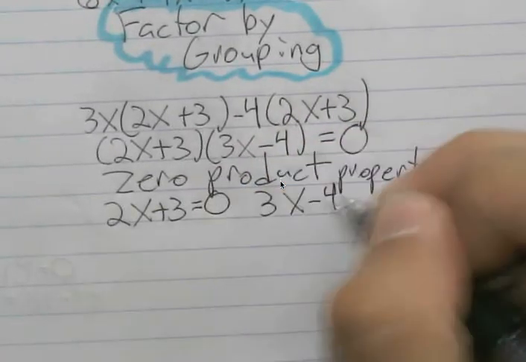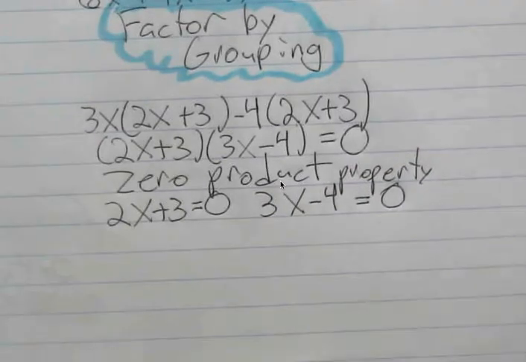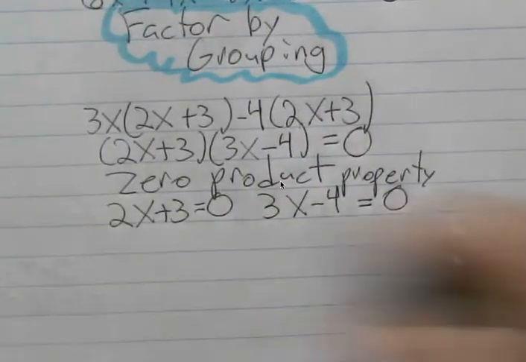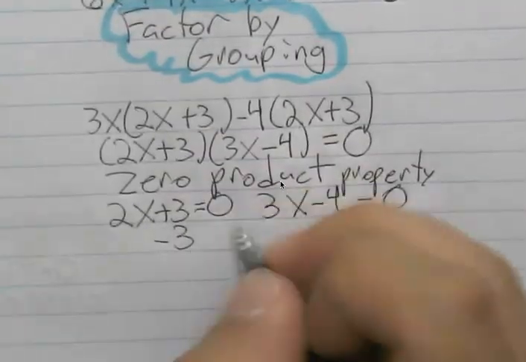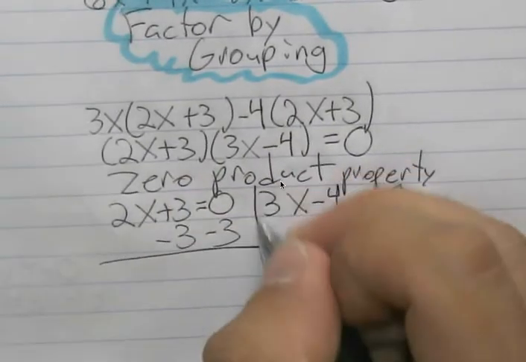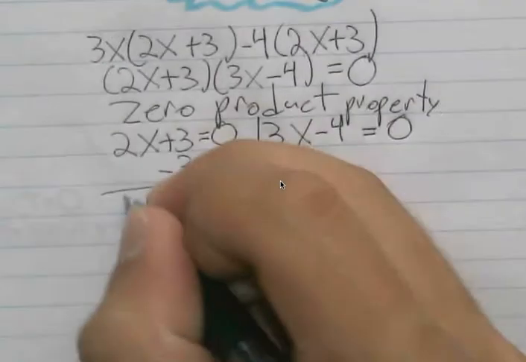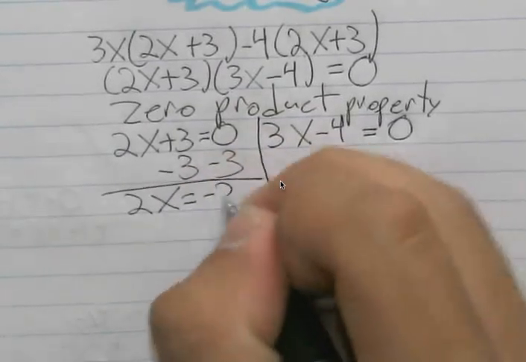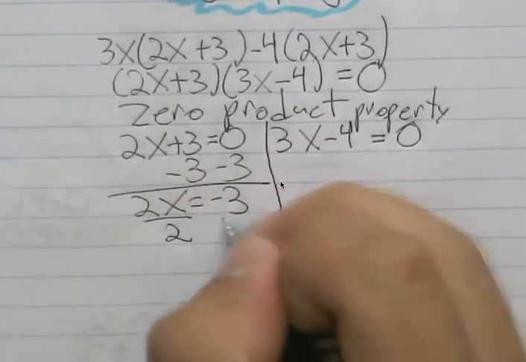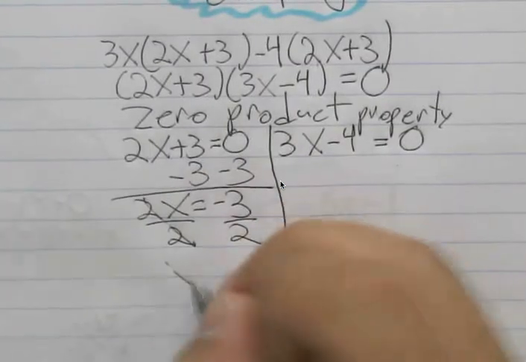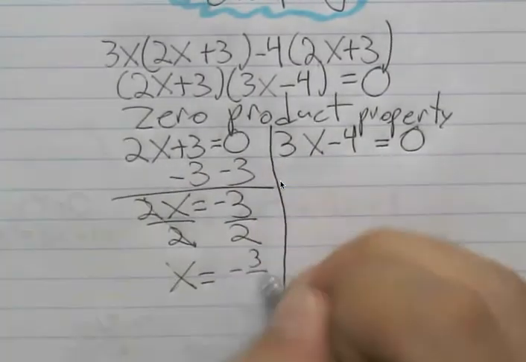So if we solve this, it's pretty much an Algebra 1 problem, treating this like two different problems, so we'll make some space between them. Getting rid of 3 here, this leaves us with 2x equals negative 3, dividing both sides by 2. X is equal to negative 3 halves.